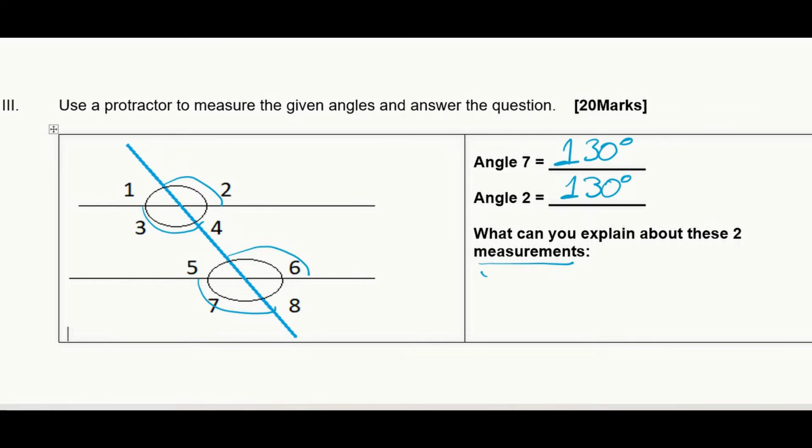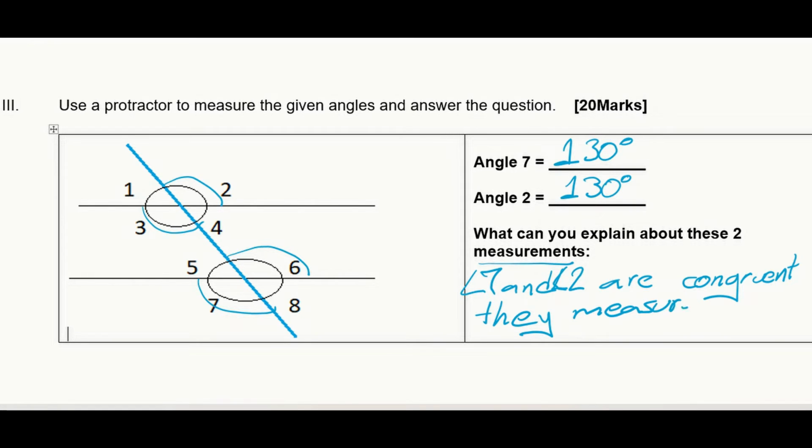So angle 7 and angle 2 are congruent. This is what I was expecting you to write. They have the same size. They measure the same. This is exactly what I was expecting you to write.